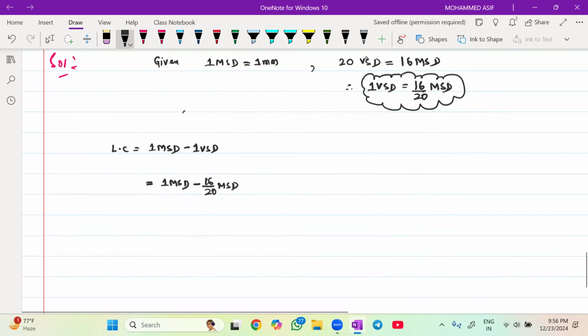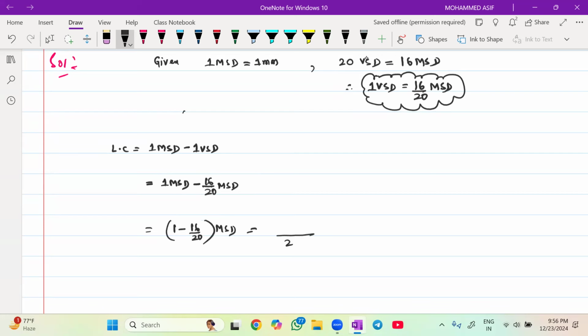So this is 1 minus 16 divided by 20 MSD. Am I clear? Now take the LCM, which is 20, so it is 20 minus 16. 20 minus 16 is 4, so 4 divided by 20 main scale division.